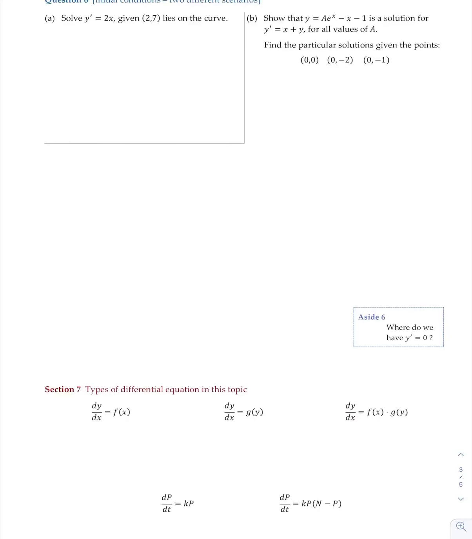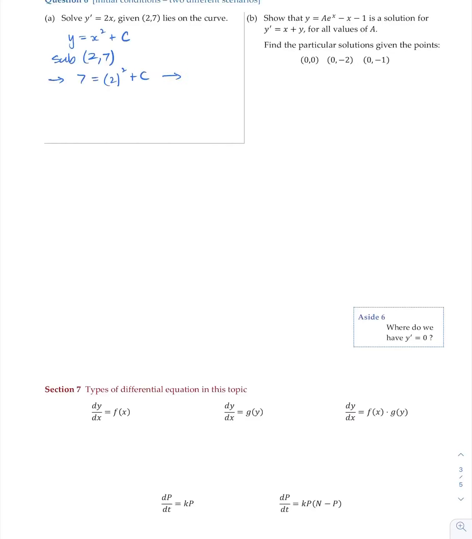All right, so we get very quickly y equals x squared plus c, and then we substitute 2, 7, which gives us 7 equals 2 squared plus c.